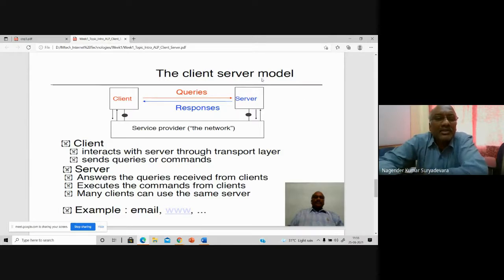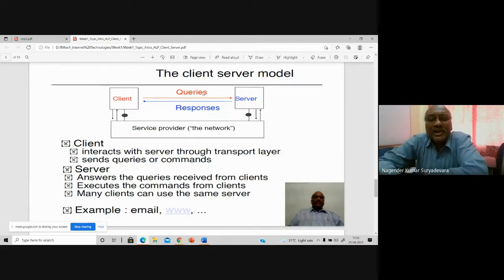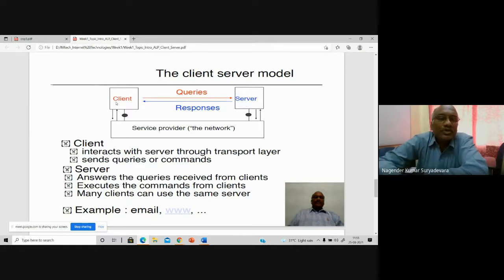The client queries, meaning it makes a request, and the server responds to the queries coming from various clients. This exchange of data, the querying and getting responses, is the web communication, please remember.